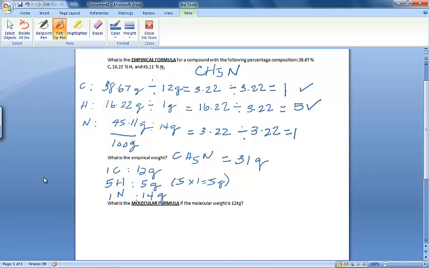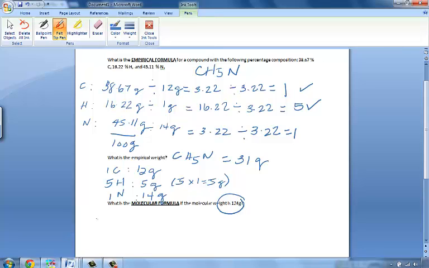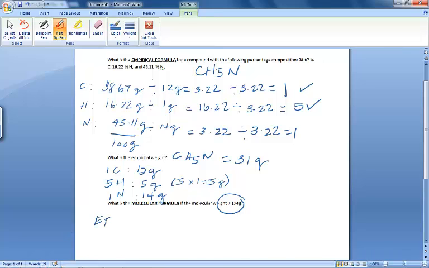Alright, so now the last and final question: now that we've calculated the empirical formula and its mass, what would be the molecular formula if the molecular weight of this formula is 124 grams? Remember that the empirical formula is just a part of the molecular formula.